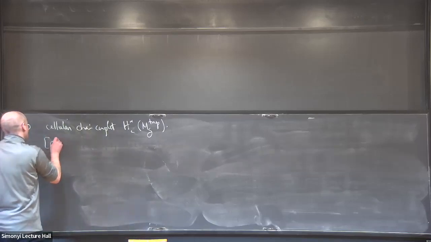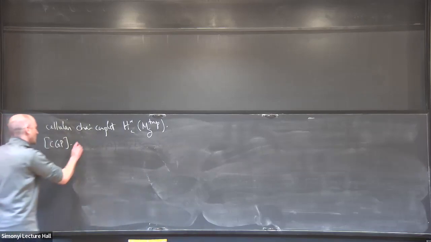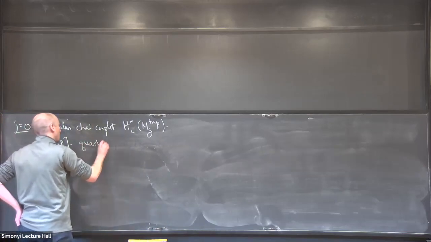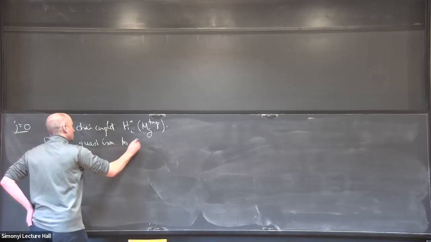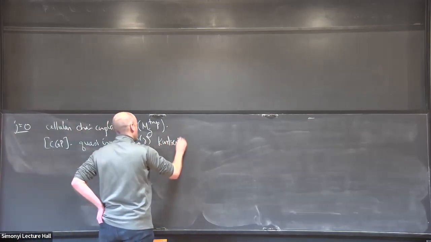And so the work with Melody Chan and Soren Galatius, we showed that this row is quasi-isomorphic to the Kontsevich commutative graph complex.